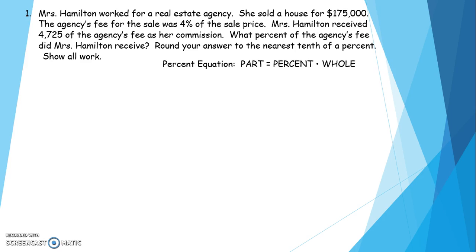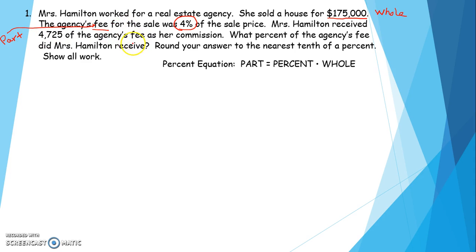Show all work. Okay, so first of all, we take a look. Whatever she sold that price for, that's the whole. The agency's fee was 4% of that sale price. So the agency's fee is the part we're looking for to start this problem.